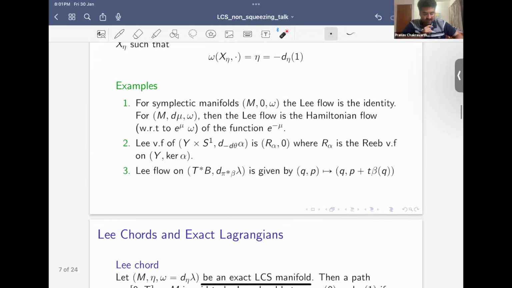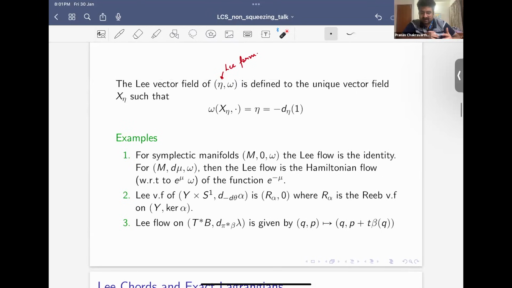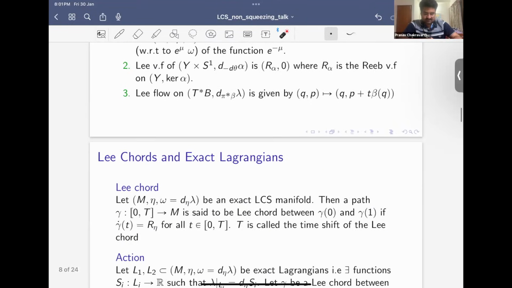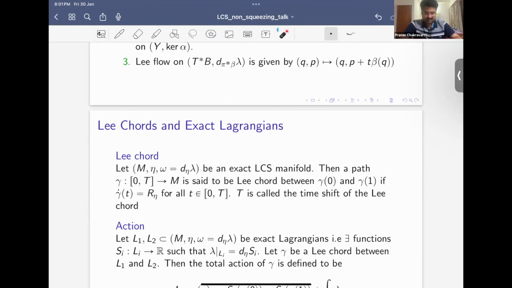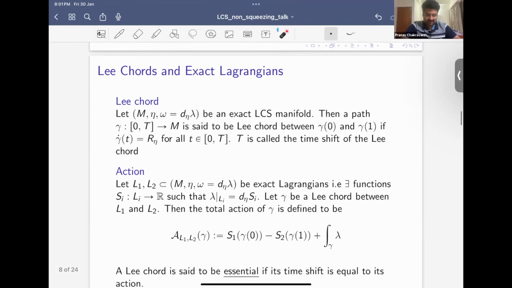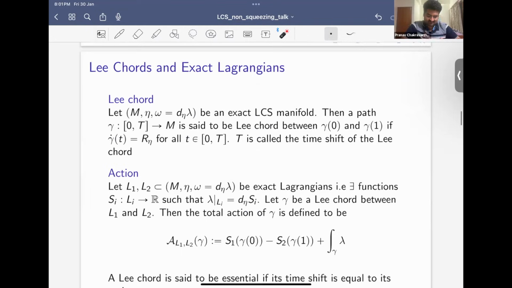As we saw before, Lie flows are supposed to be analogs of Reeb flows. So one can define notions inspired from contact geometry, from Reeb flows to Lie flows. One might have heard of Reeb chords, and there's an analogous notion of Lie chords that one can define.